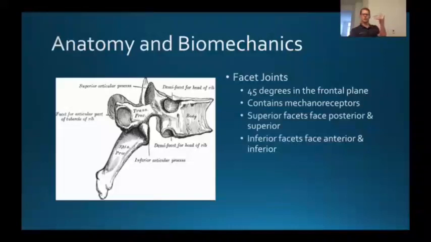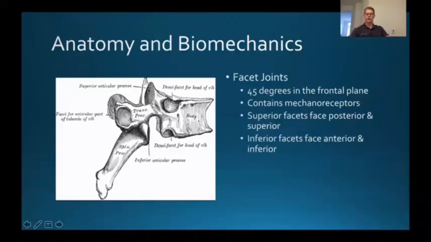Is this cervical, thoracic, or lumbar? Well, based on several factors, I know that this is going to be a thoracic vertebrae. First of all, we can see the demifacets for rib heads, and we know the ribs are going to be in the thoracic spine. Also, you can see the sharp angulation of the facet joints.